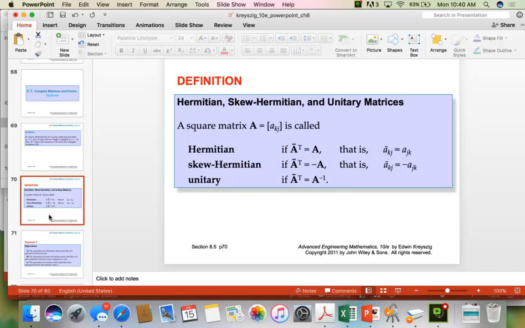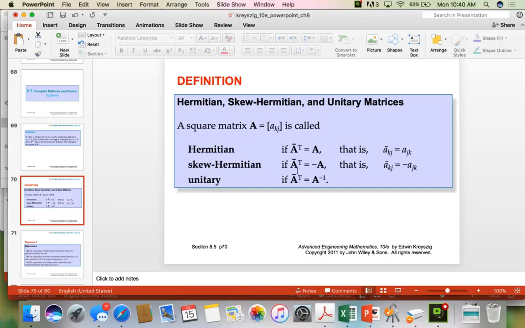That brings us then to some definitions that, as I said, are analogous to symmetric, skew-symmetric, and orthogonal, and that is Hermitian, skew-Hermitian, and unitary. So a square matrix is Hermitian if its conjugate transpose is equal to the original matrix. In other words, each element's complex conjugate is equal to the original element.